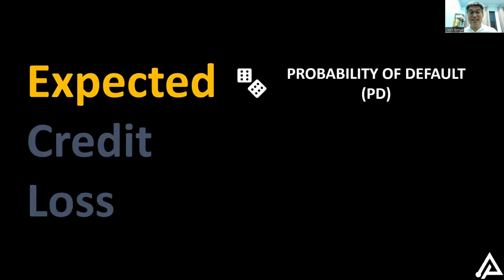Second category is on expected credit loss. Now, looking at the definition of what is expected credit loss, let's just look at the title alone. That would help us. Expected, yung inaasahan, your anticipated, the likelihood or probability of a default.